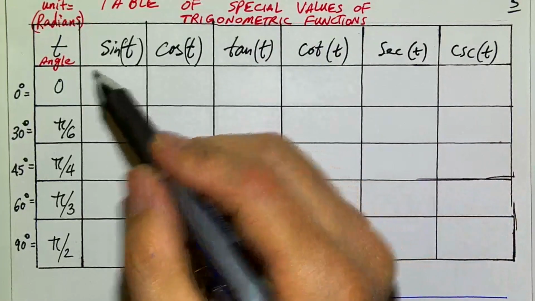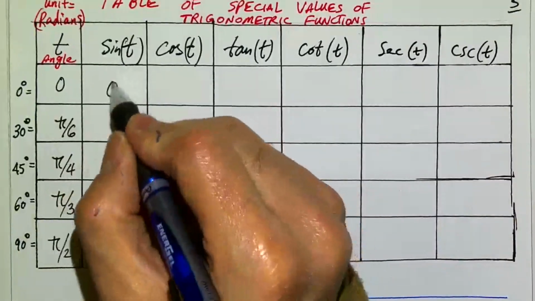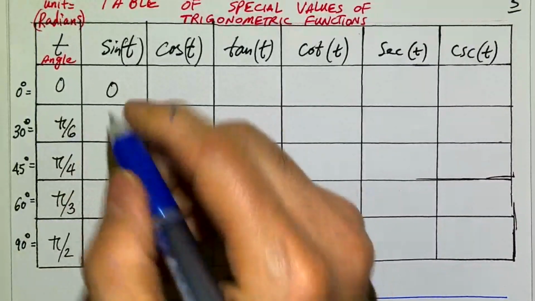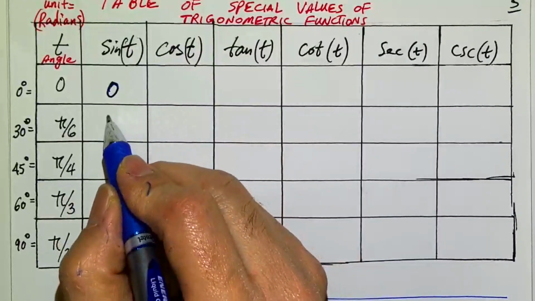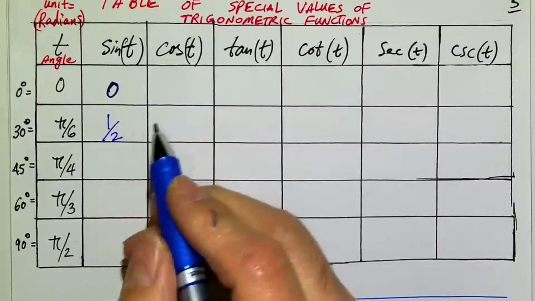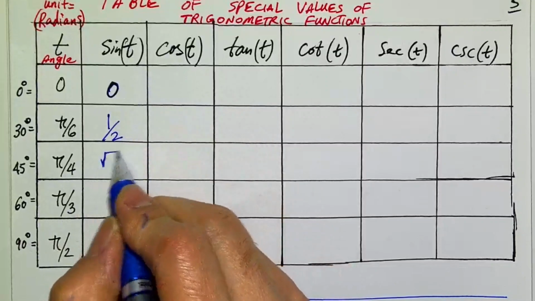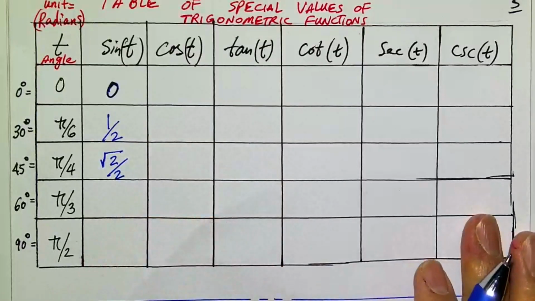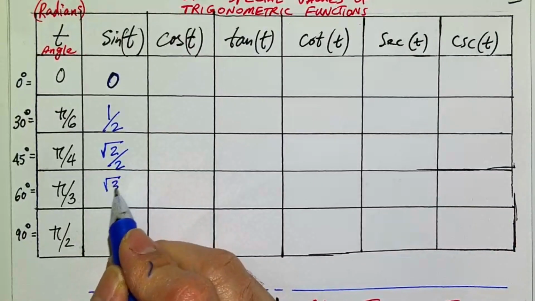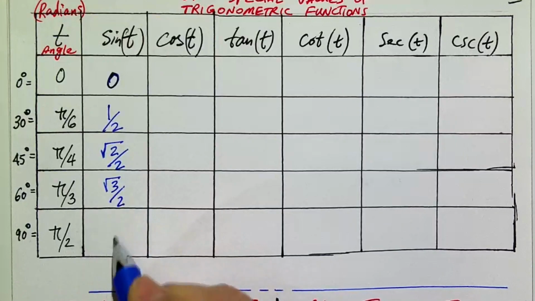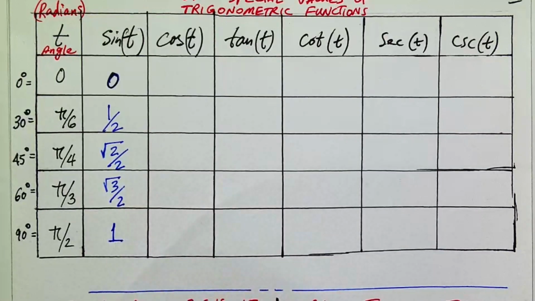So sine of 0 is 0, and let me actually switch to a different color here. Sine of pi over 6 is 1/2. Sine of pi over 4 is square root of 2 over 2. Sine of pi over 3 is square root of 3 over 2. Sine of pi over 2 is 1. Okay?